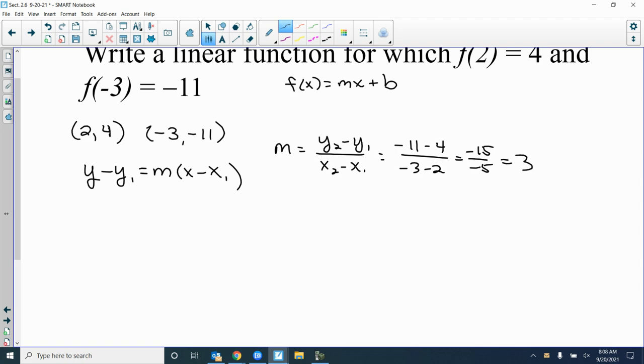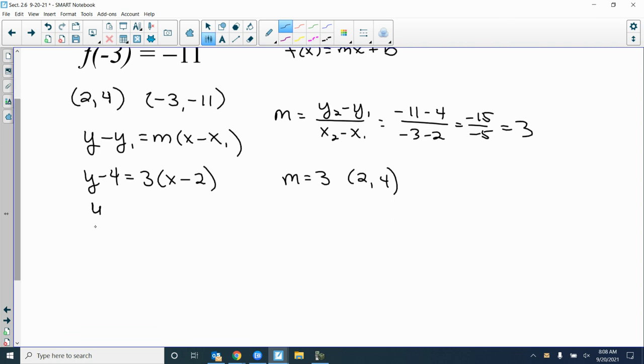I would pick 2, 4 every day of the week because it doesn't have any negatives. I just try to avoid those if I can. So I'm going to do m equals 3. I'll pick the point 2, 4. And so I get y minus y1, which is y minus 4, equals 3 times x minus 2. Just simplify it.